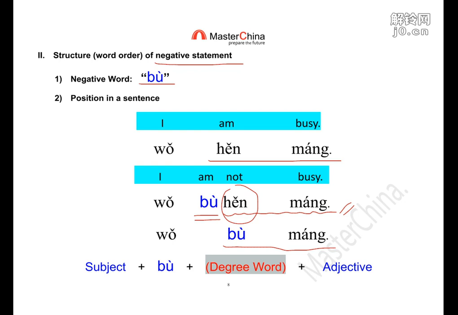Because that's a degree. Not so busy means I'm a little bit busy. And this one, I'm not busy, is totally not busy. I'm totally free. You can ask me to do anything else. So you can see, putting 很 or not, their meaning in people's minds is totally different.